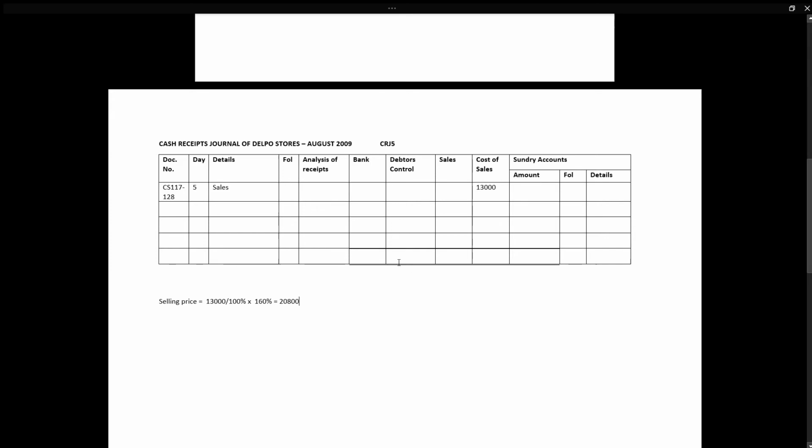Okay, let's go and put that into our journal. 20,800, and we will also put it in the analysis of receipts column. Remember, we issued a source document, therefore analysis of receipts will be filled in, bank will be filled in, sales will be filled in, and then our cost of sales as well.